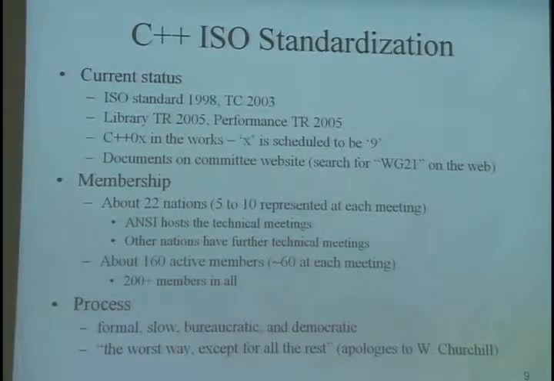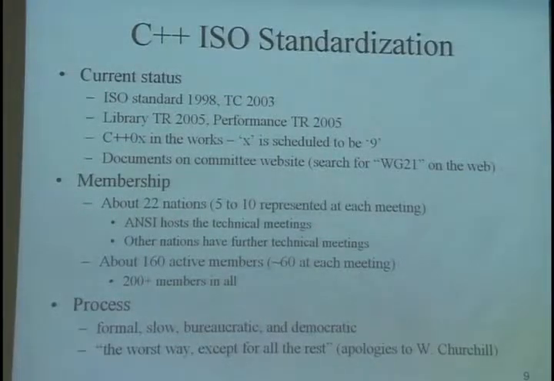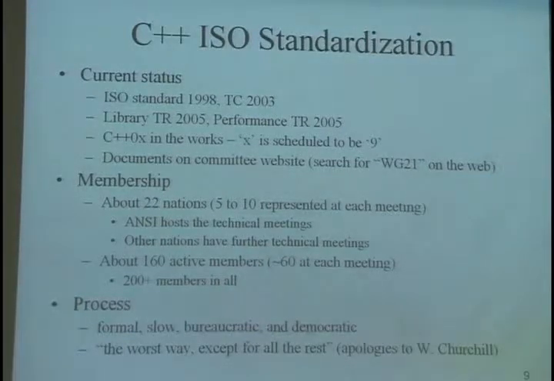It's to make sure that everything is just right, so that the compiler writers don't get into trouble with incompatibilities and such. We have a library technical report. We have a performance technical report, mostly addressing embedded systems issues, and now we're working on C++0x.